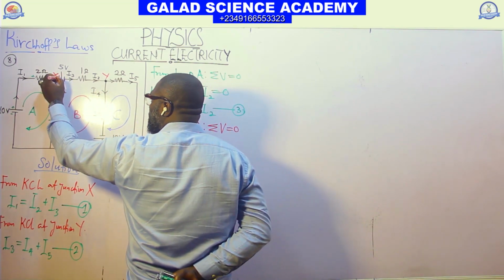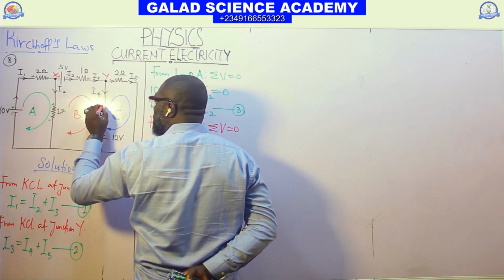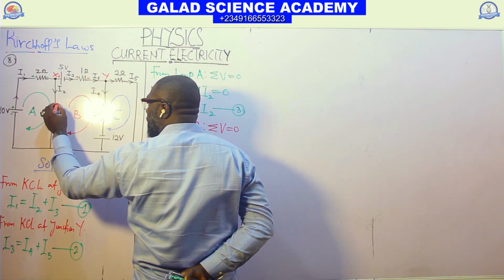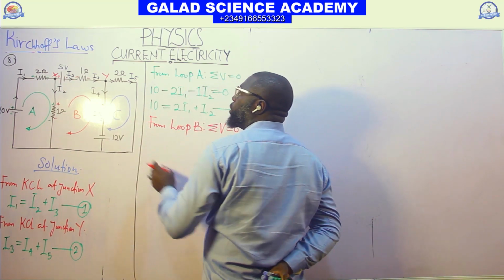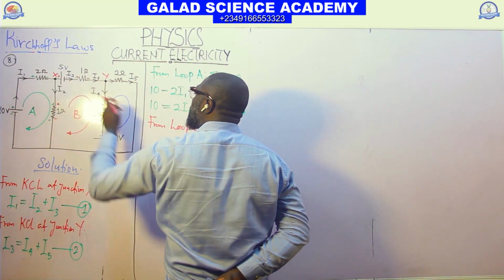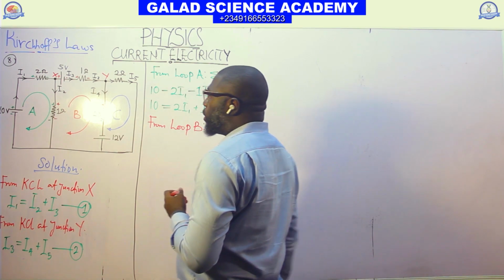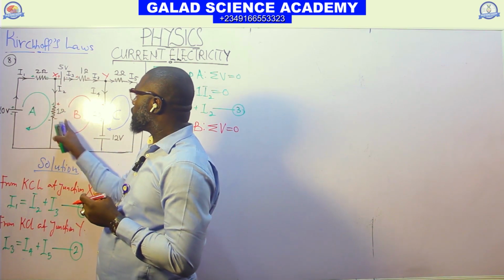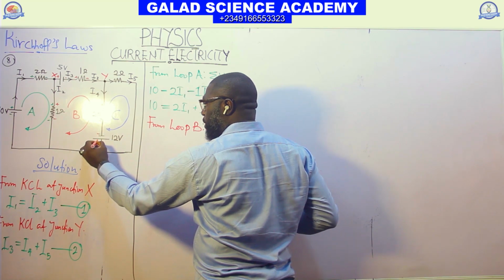Note that this is positive, negative, positive, negative, positive, negative, positive, negative. When it's coming like this now, it should be what? It will be drop. You know, we take the loop, it's going like this to positive. The loop is going to negative. Here will be our what? This will be minus, this will be plus.